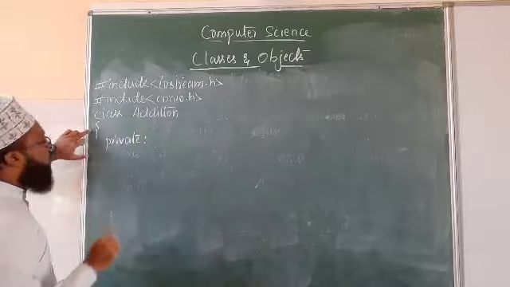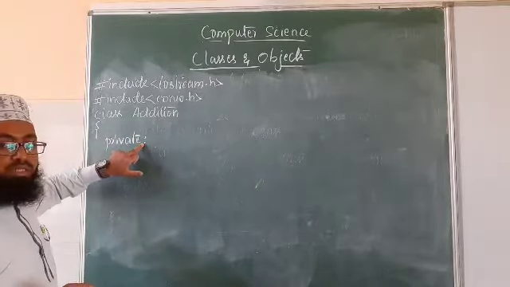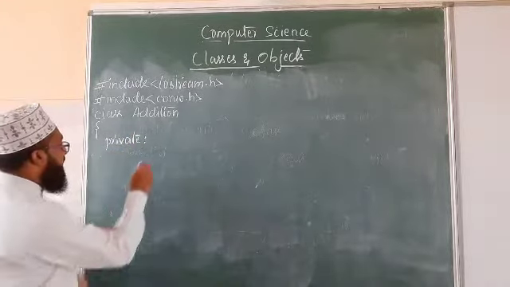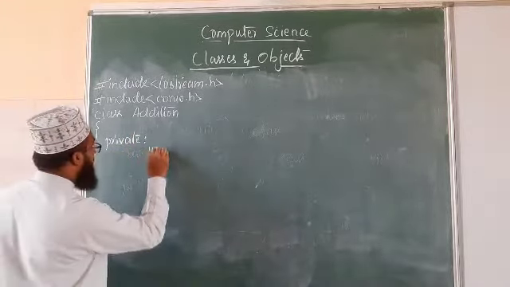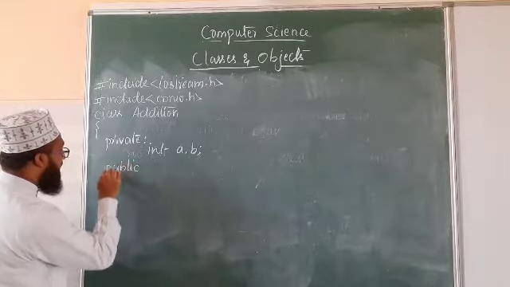Here the class is open. This is not a semicolon, this is a colon. Under private we will take only 2 numbers, both integer type, a and b. No need to take int a, int b again and again; if both are integer, we can take them in the same data type itself. Then after that, public.